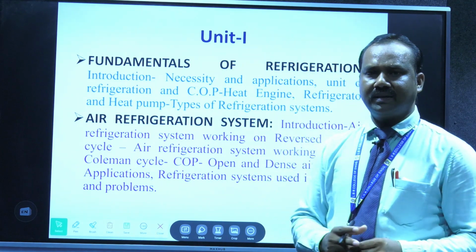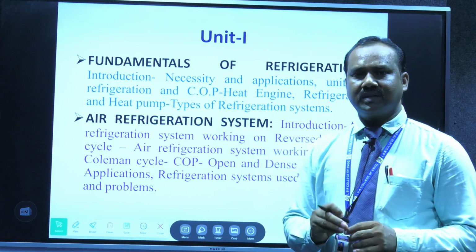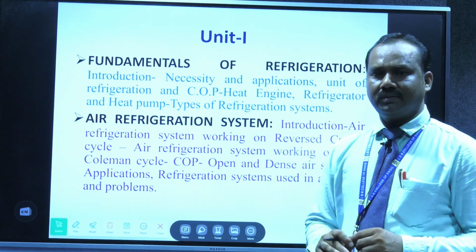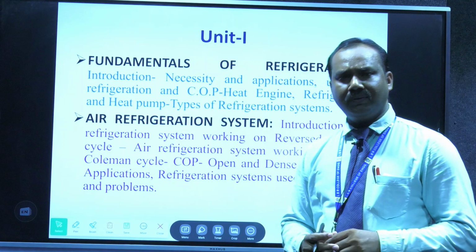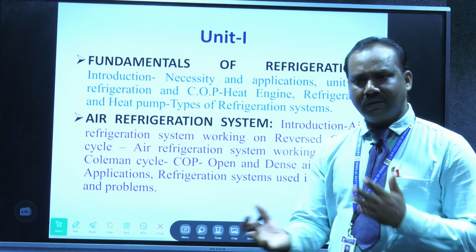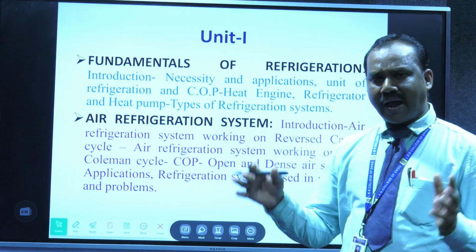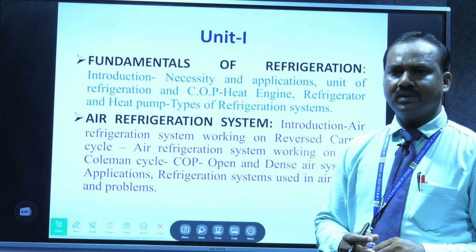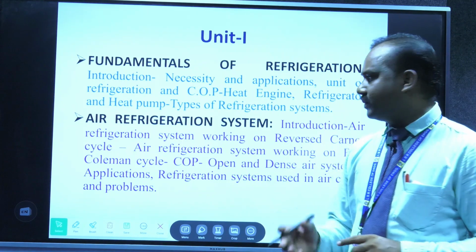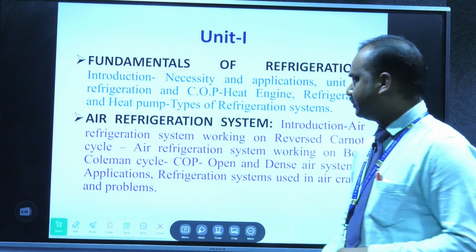One is the theoretical cycle, called the reverse Carnot cycle, and the actual air refrigeration cycle, known as the Bell Coleman cycle. We need to analyze them with the help of PV and TS diagrams. Later we need to discuss the open type and closed type air refrigeration cycles and actual aircraft refrigeration systems used in all aircraft. These are the important contents covered under unit 1.